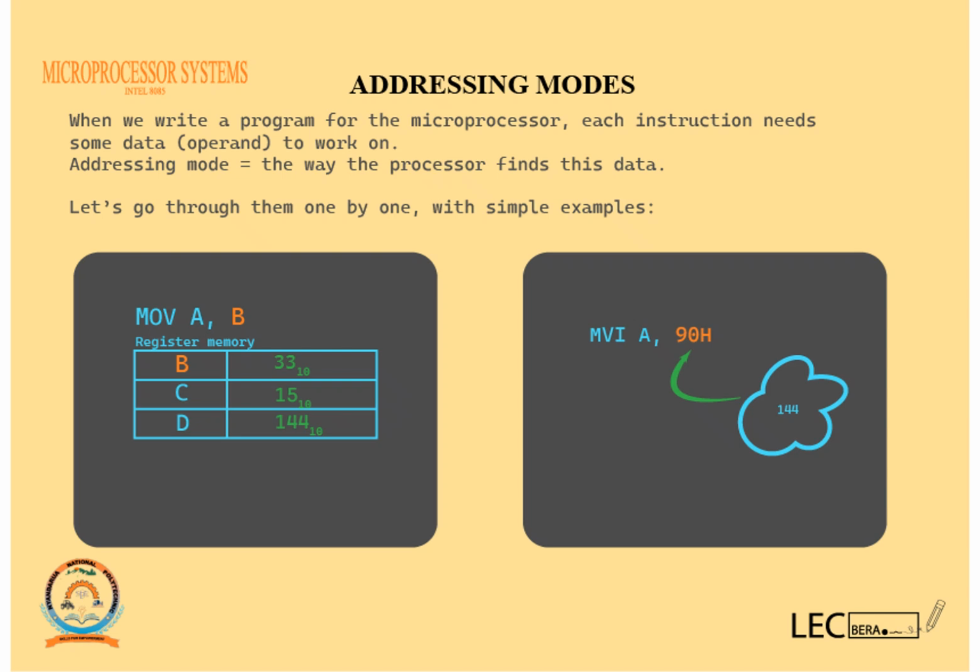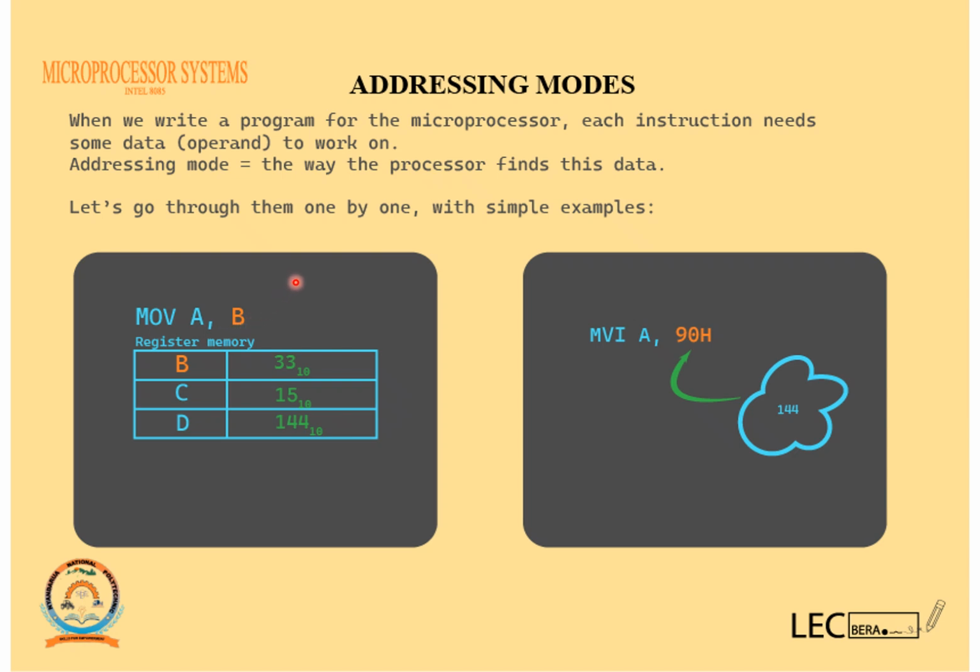So anytime we write a program for the microprocessor, each instruction needs some data. You remember this data is an operand, and I told you that the instructions are made up of two parts. The first part we normally call the opcode, and the second part is the operand.